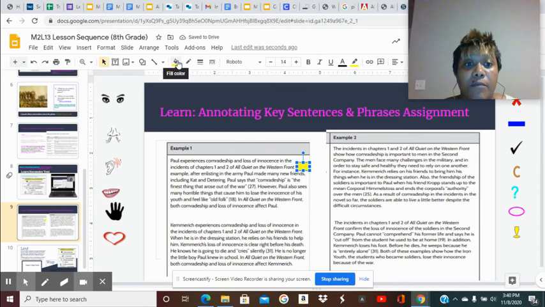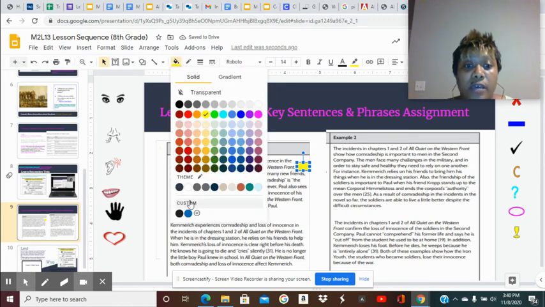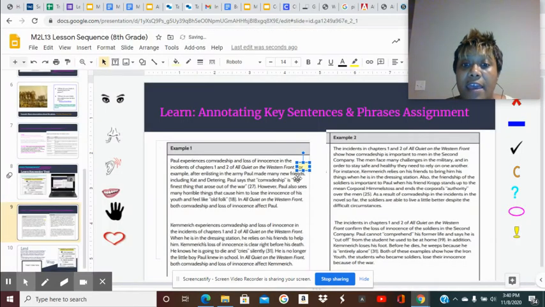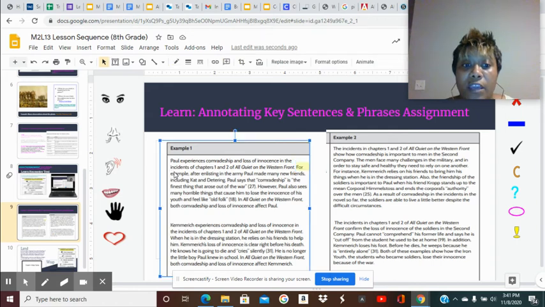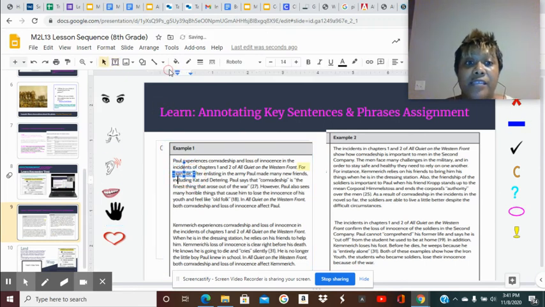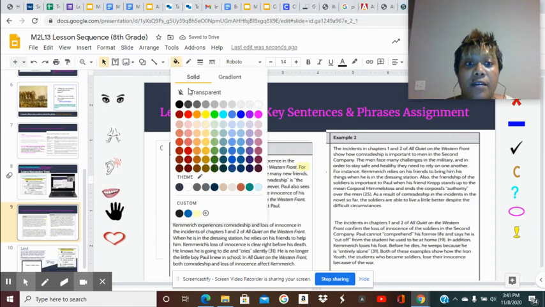And then I am going to do a custom so that we can see. And see, there it is. For example, and let me do the same over here for our phrase here, example. We definitely need to highlight that, because that is important.